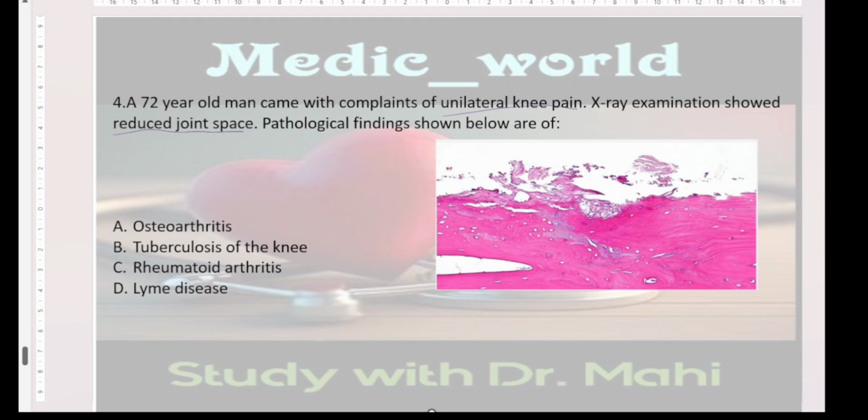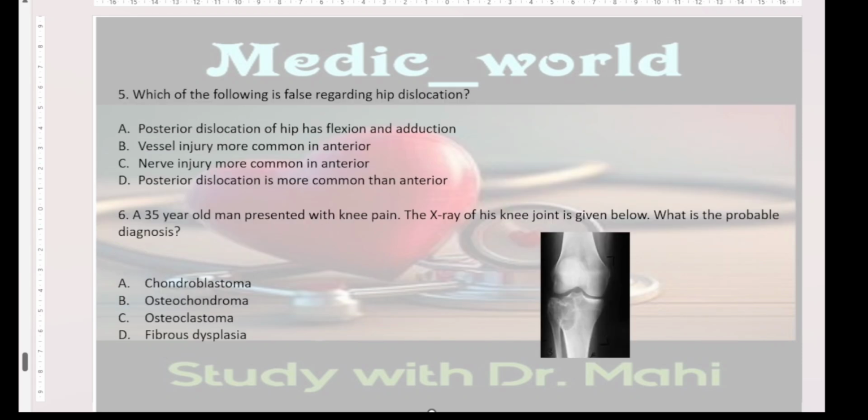Okay, so the scenario is like this unilateral knee pain and radiograph showing reduced joint space. And in histopath finding, we can see that there is loss of articular cartilage. So all the features are suggestive of osteoarthritis of the knee joint. So the answer to this question is osteoarthritis of the knee joint. Let's move towards the other question.